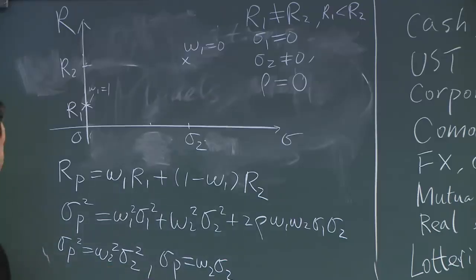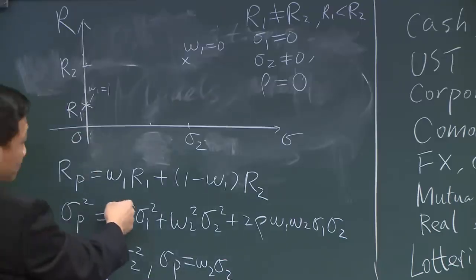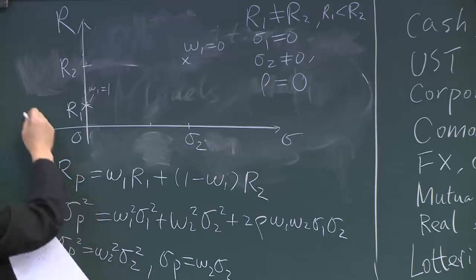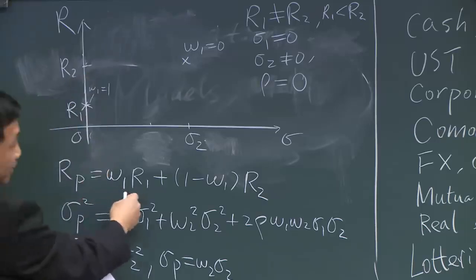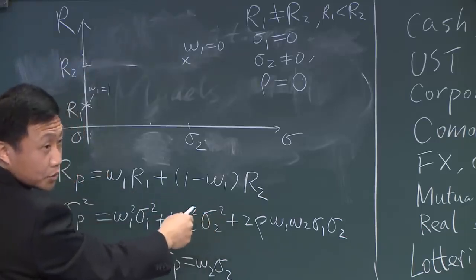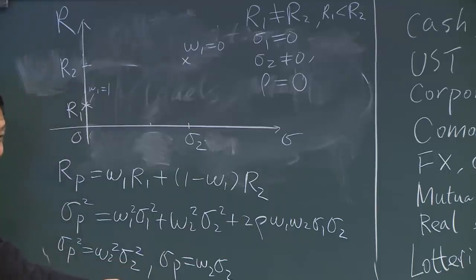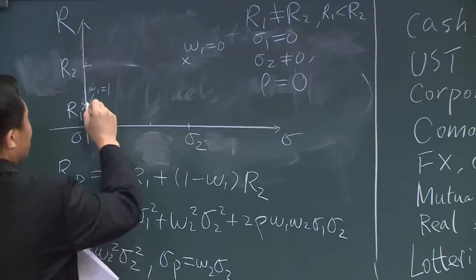Okay. And what's R? R is a linear combination of R1 and R2. So it's still linear.